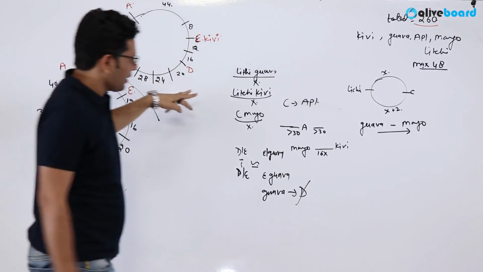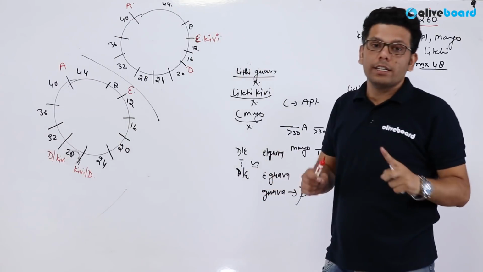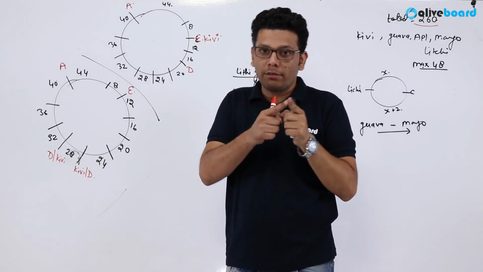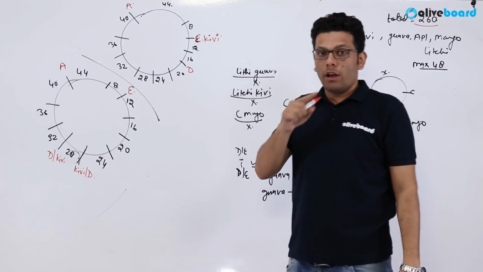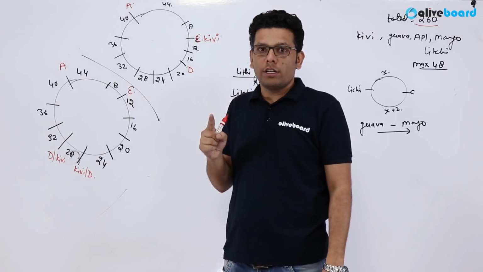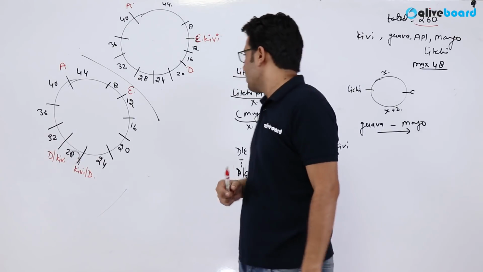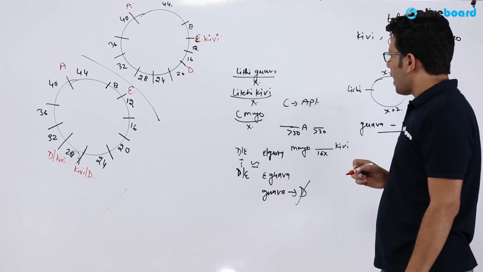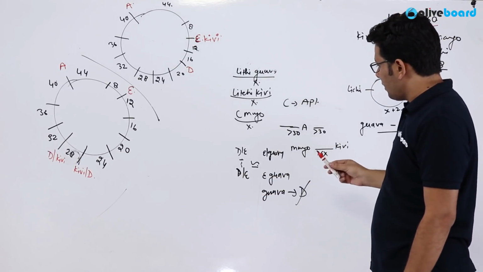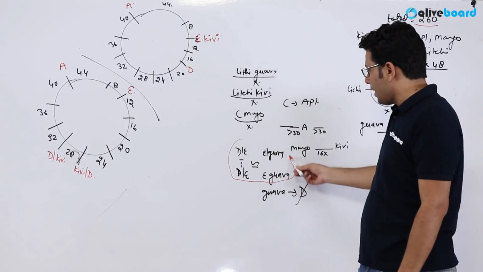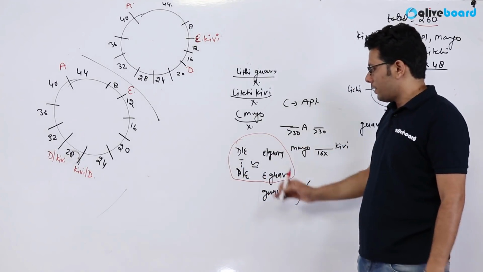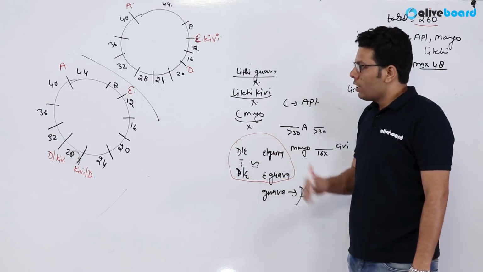Next connecting point: this is again a game of connecting points. You must have the logical order of all the points. Unless you have the right logical order, you will not be able to solve the questions. The connecting point is that the number of persons between D and E is the same as the number of persons between E and guava.